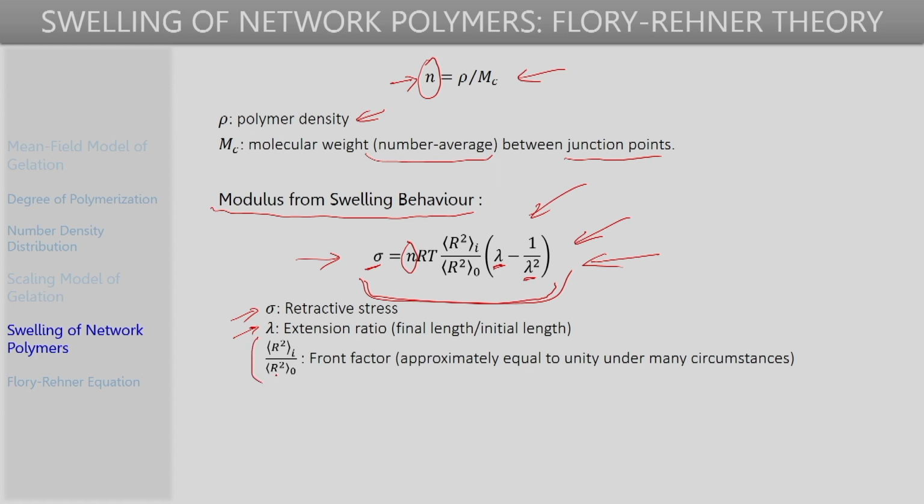And this front factor is a ratio which is generally equal to 1, but can be different from 1 also in some cases. And it is a ratio of these two quantities.